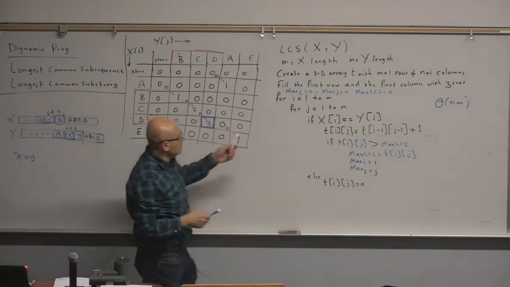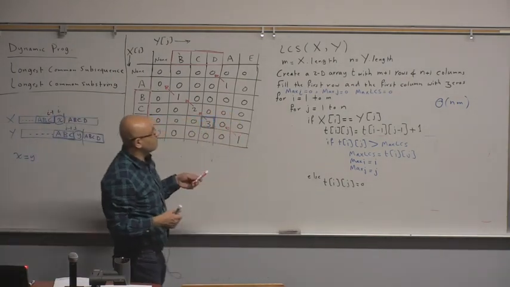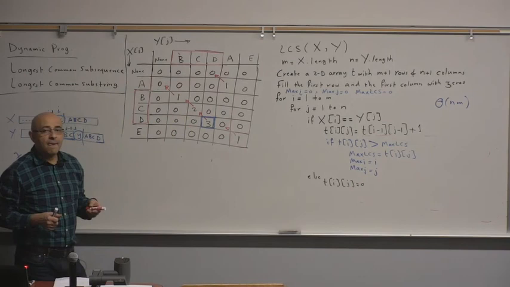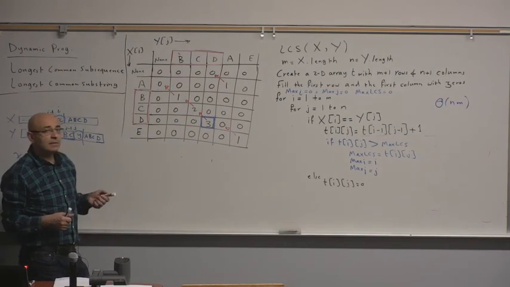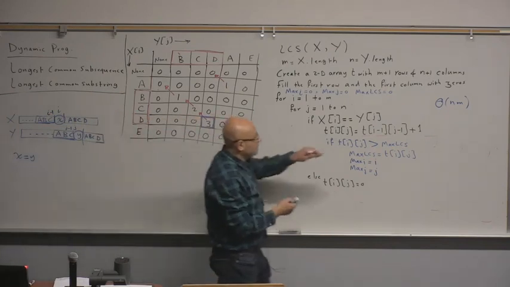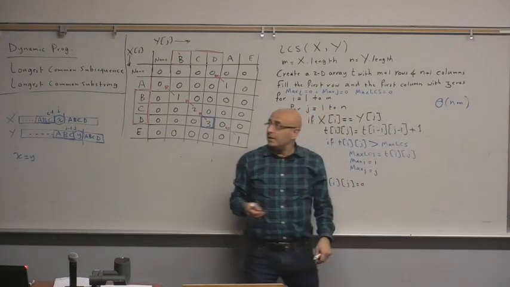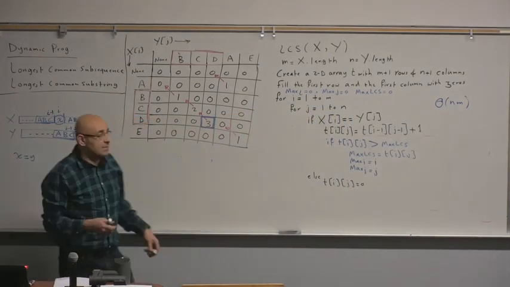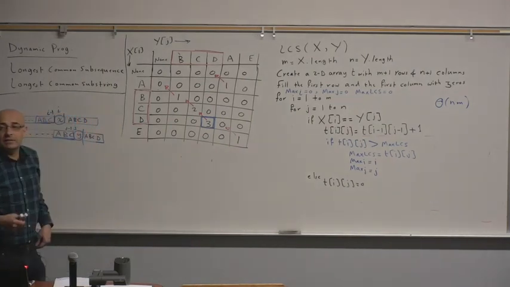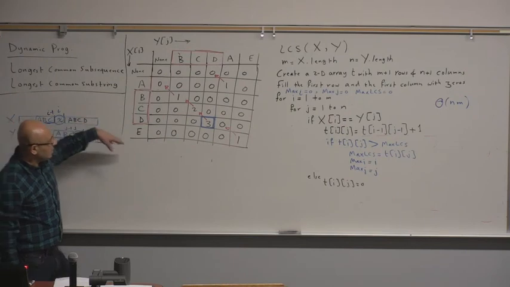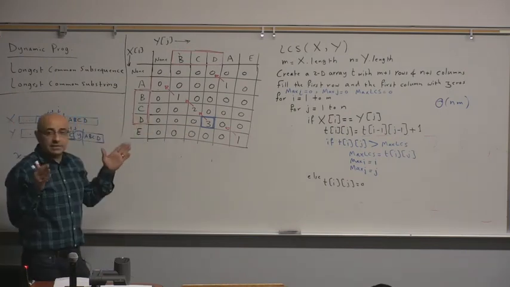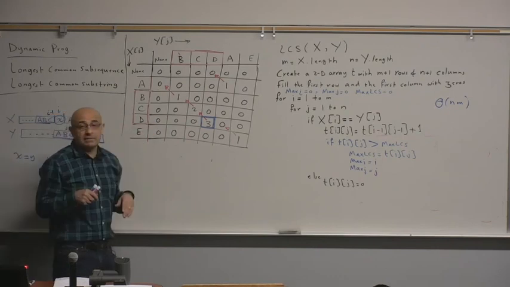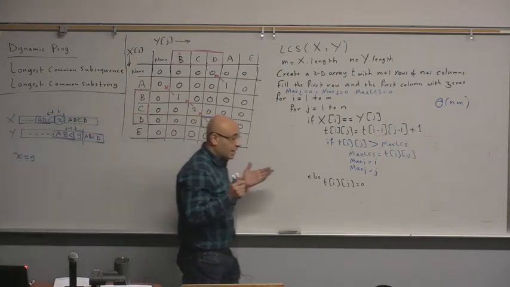Now what's the running time of this algorithm? Yeah, this is mn, same thing, it doesn't change. And the running time of constructing the string is not going to add, because if you mark the maximum, then you go back by the length of the string, which will not exceed n or m.